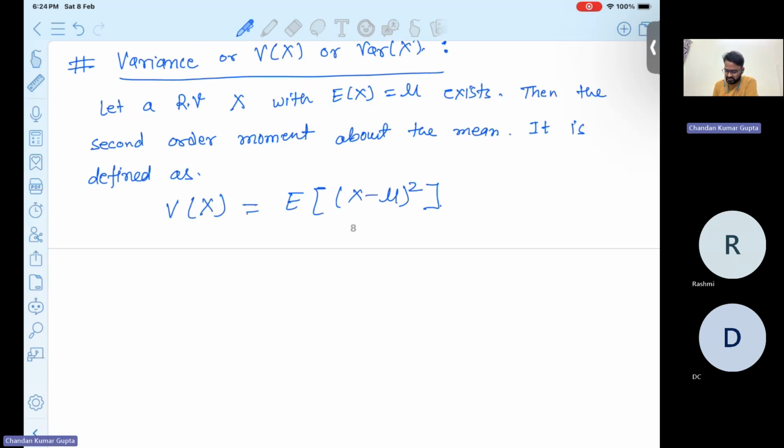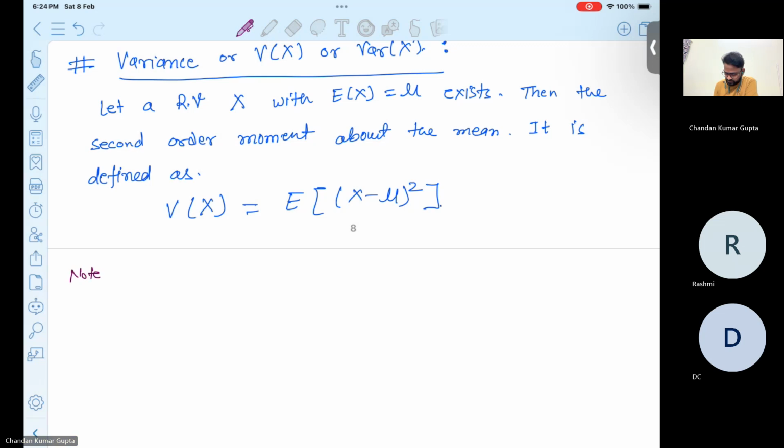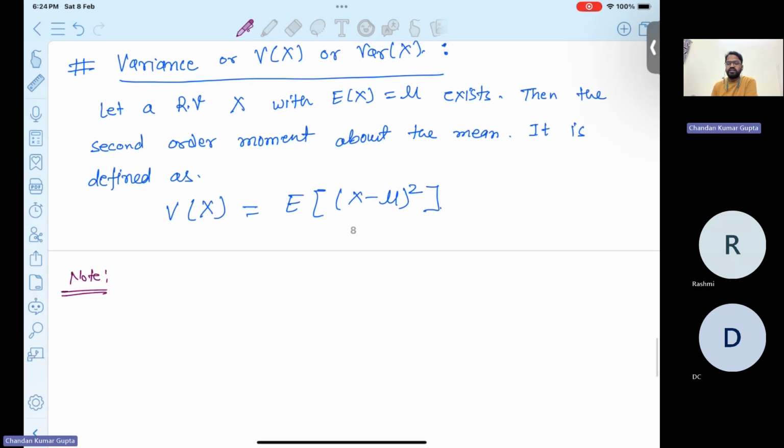There is one more note. If we are defining the variance and the first order moment is not defined, then we are not able to define the second order moment.